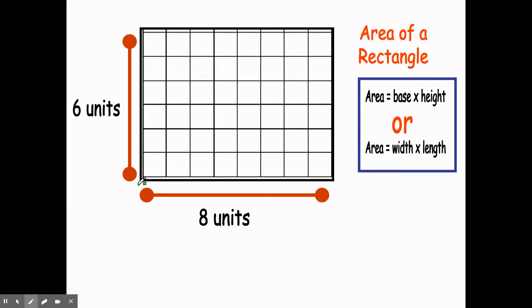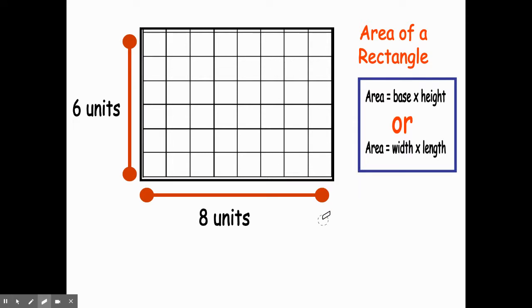So this right here would be the base, and then this here would be your height. If you multiply the base times the height, you would end up with 48 square units inside of this rectangle.